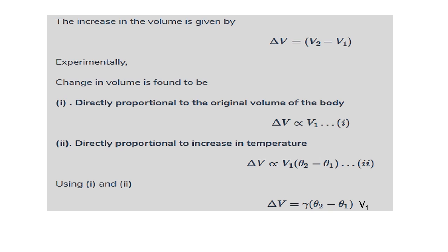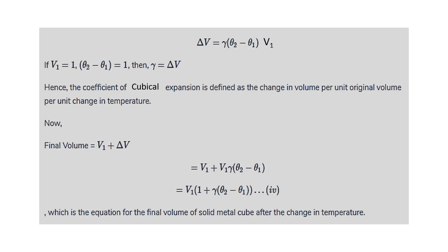And experimentally, it is observed that the change in volume is directly proportional to original volume and directly proportional to change in temperature. So delta V will be equal to gamma into θ2 minus θ1 into V1, where gamma is the coefficient of cubical expansion.